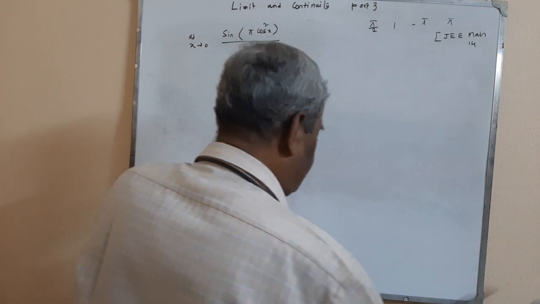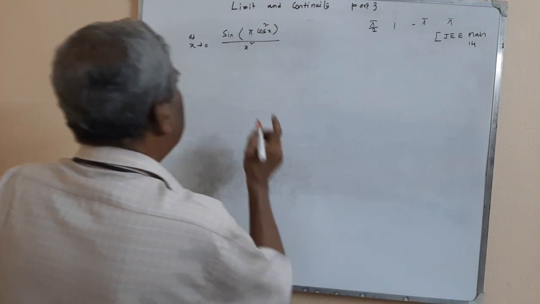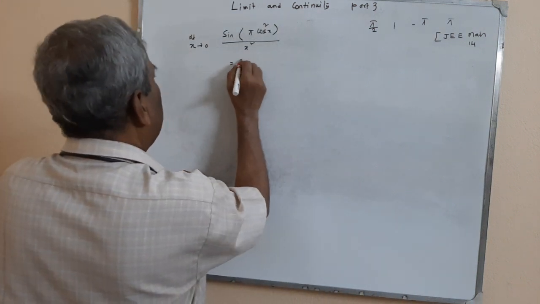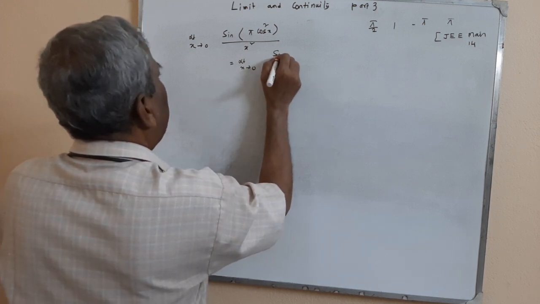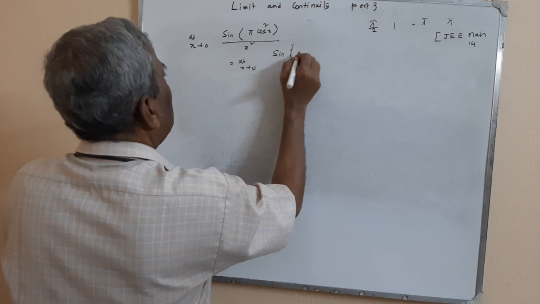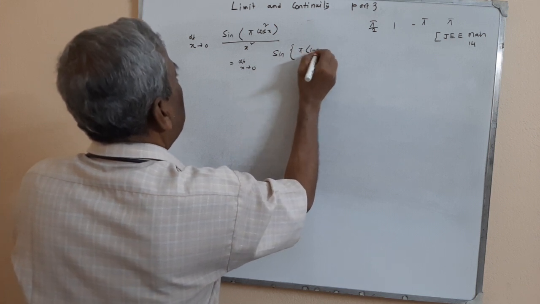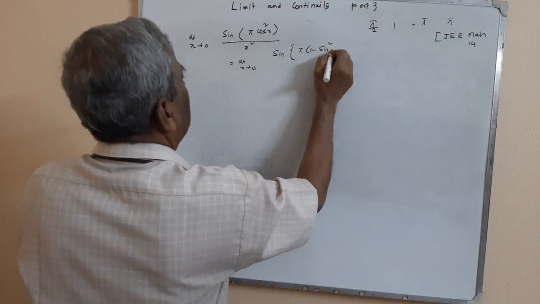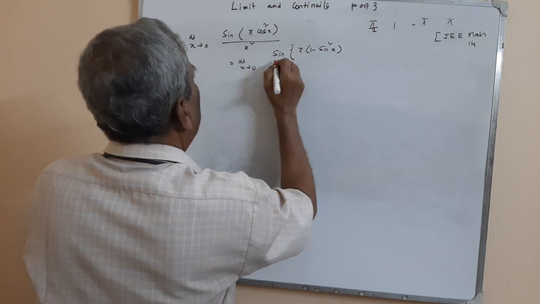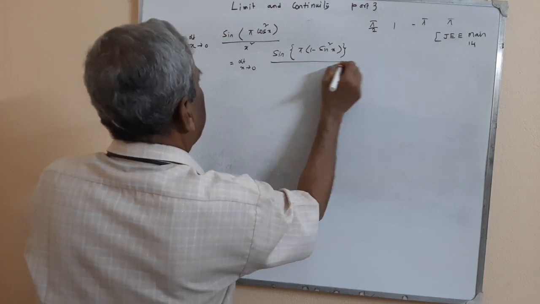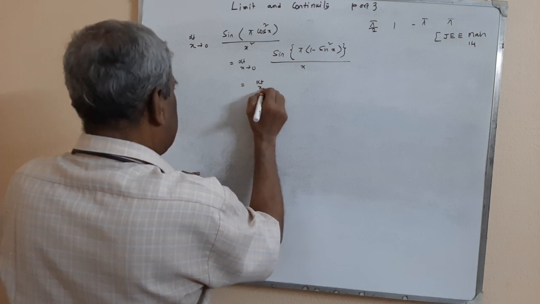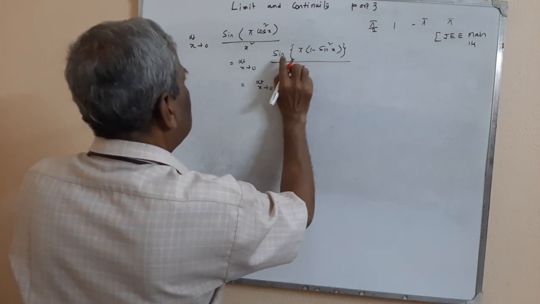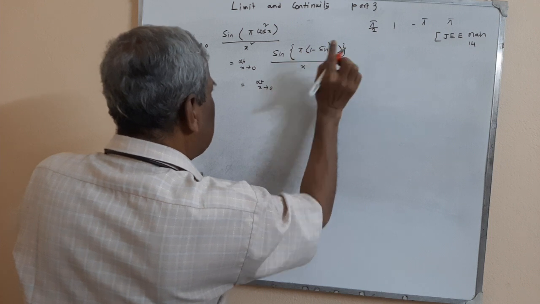So this is equal to limit x tends to 0 of sine of pi into (1 minus sine square x) by x square, which is equal to limit x tends to 0 of sine of (pi minus pi sine square x) by x square.